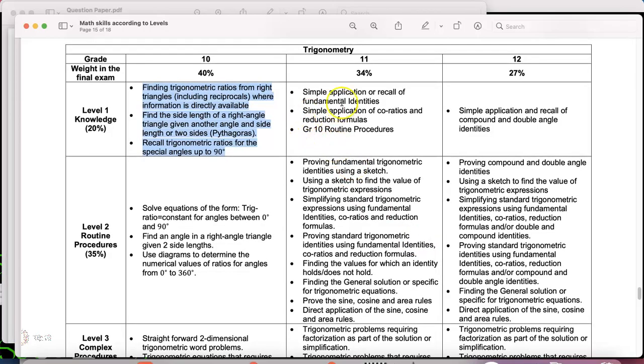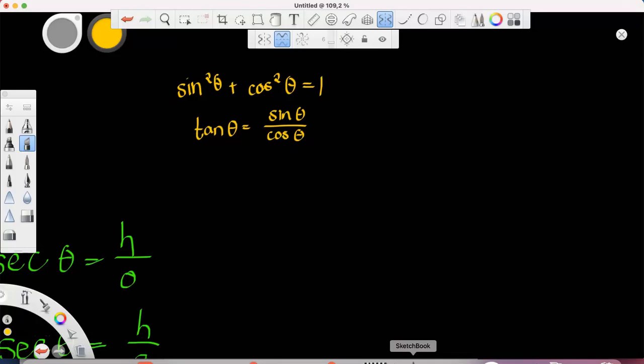The next level 1 thing that we need to be able to do in grade 11 is simple application of co-ratios and reduction formulas. Now this is super important, and in my opinion, this is probably the most important topic in trig. Once you understand these basics, that's the simple application.